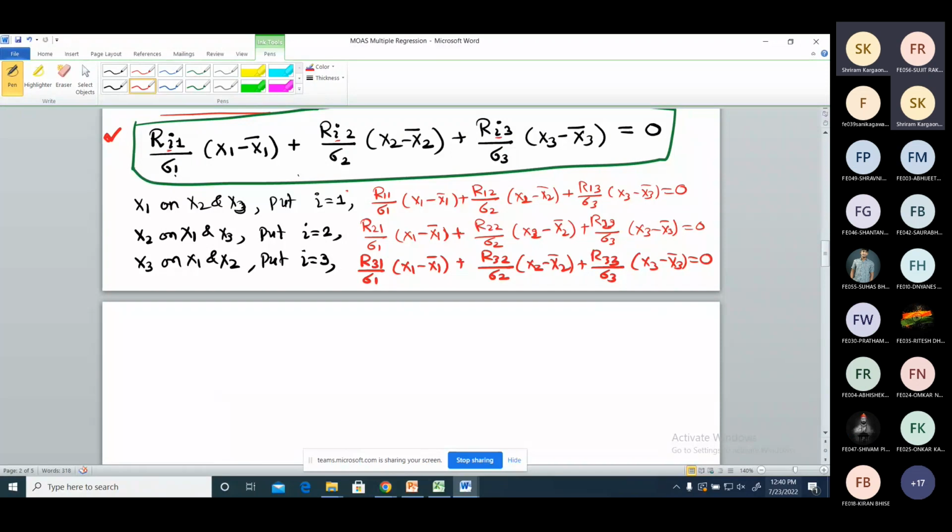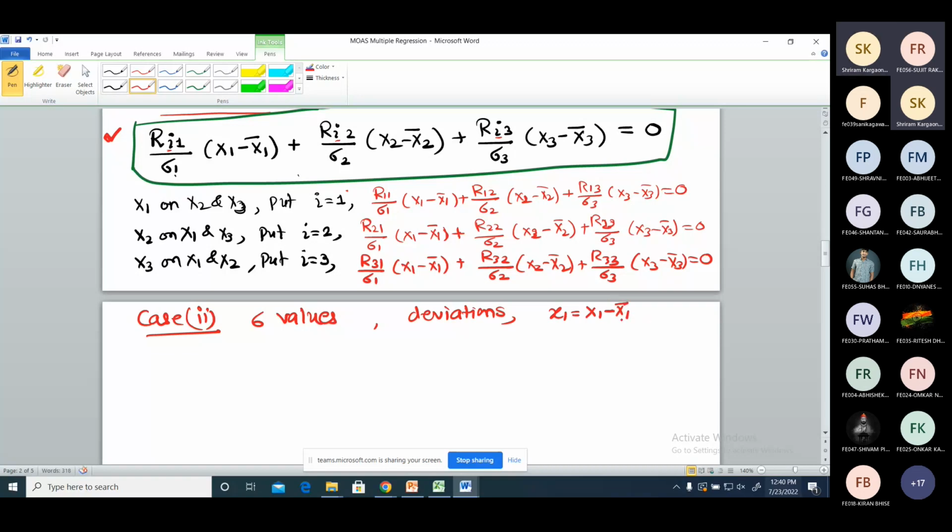Now I will explain what the second case is. Here you are given 6 values, and these are in terms of deviations. Deviations means you use the difference of each observation from the mean.